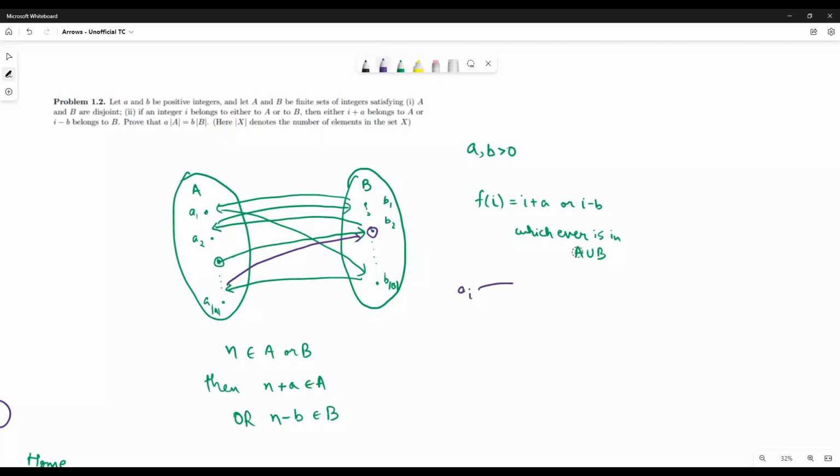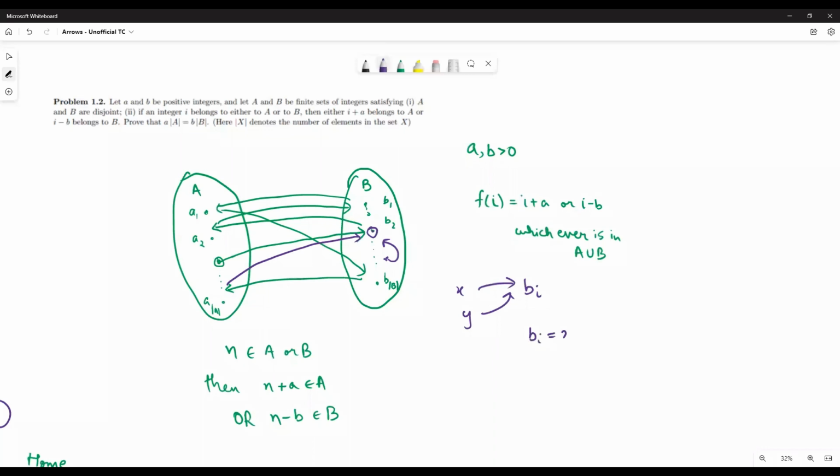Let's not say AI, because the number may map from B to B. So let's say X and Y both map to the same number BI. Then X is equal to Y, because BI is equal to X minus B.